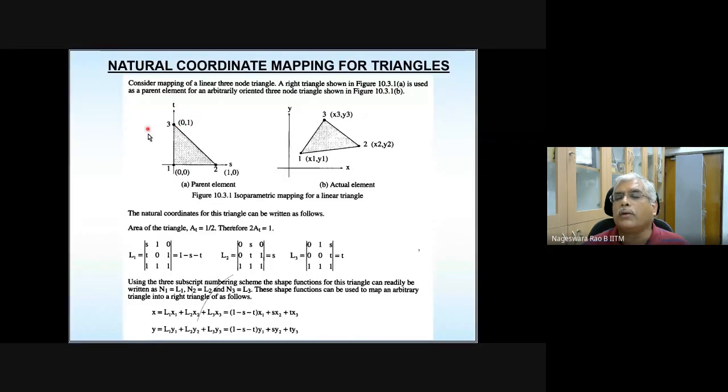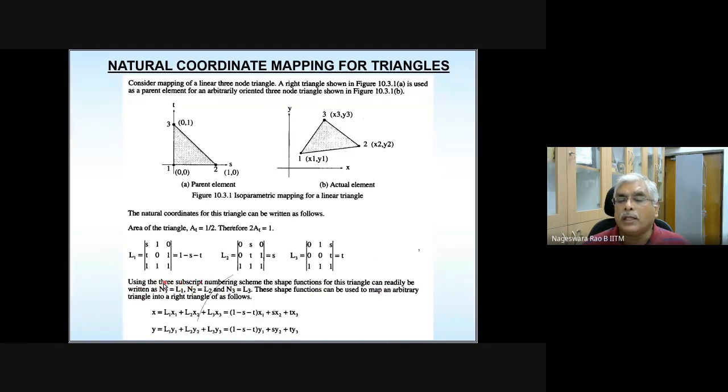So now I want to know what the shape function expressions are for this parent element in terms of S and T. You don't need to worry, you know the procedure. L1, L2, L3 you find. For a 3-node triangular element, N1 is same as L1, N2 is same as L2, N3 is same as L3. So that is what is here.